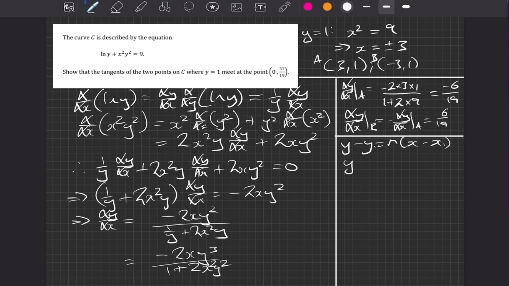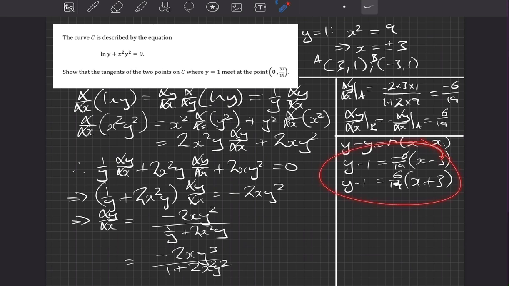So we're going to have y minus 1 is equal to m, which is minus 6 on 19, doing it for A first. And then x minus 3 for x1. Similarly then for B, what we have is y minus 1 again, and then it's going to be 6 on 19, so no negative. And again, it's now going to be x plus 3, because we have minus minus, which makes a plus. So altogether then, we can see we want simultaneous for these two.